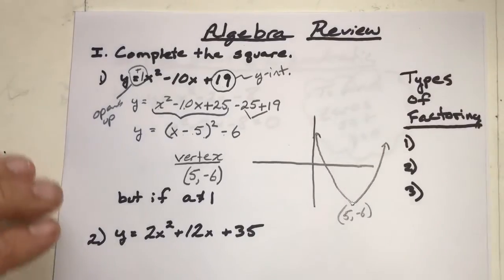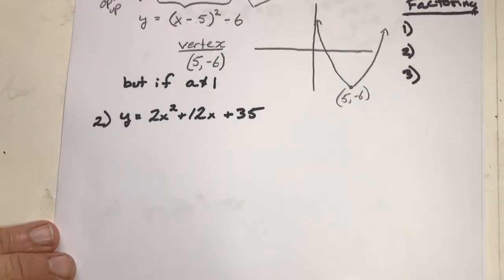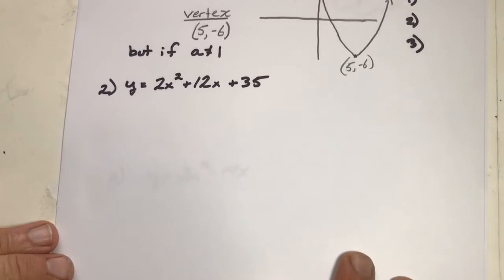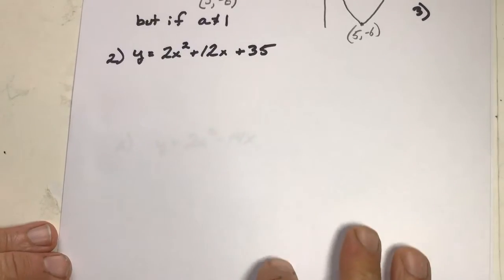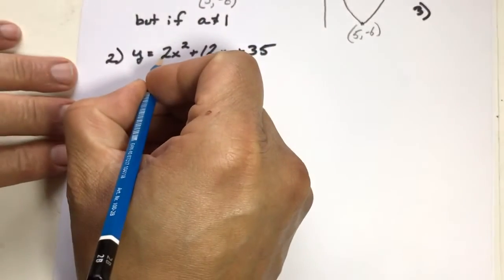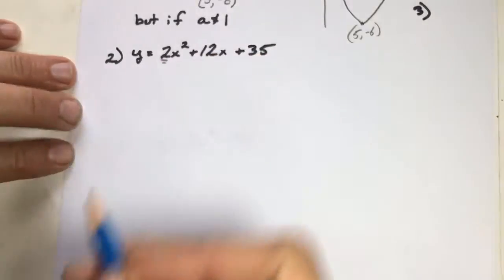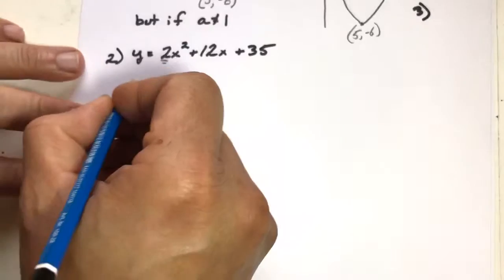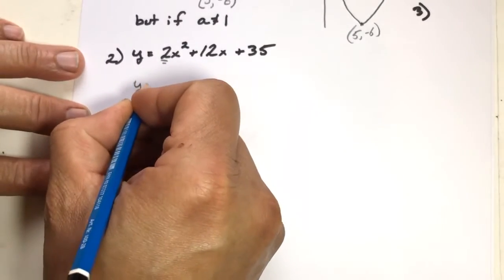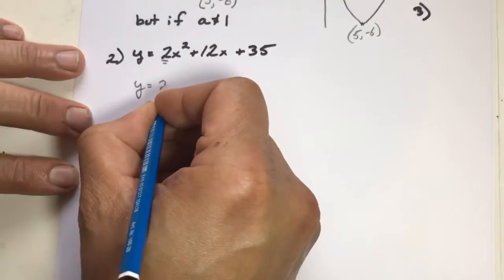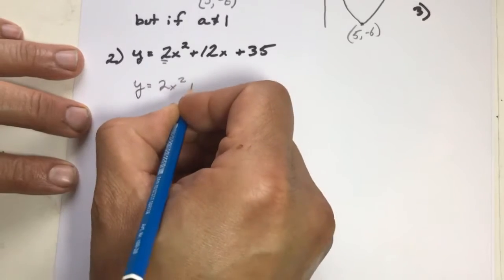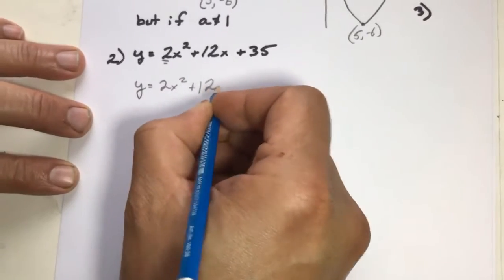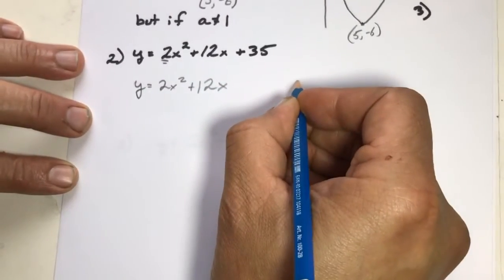Alright, this thing is wobbling a little bit, so I'm going to fix that. The next one is completing the square again, but it's got a number in front of the x squared. And if you remember, you can't complete the square unless that's a 1. So your first job is the same: rewrite this thing, make some space.